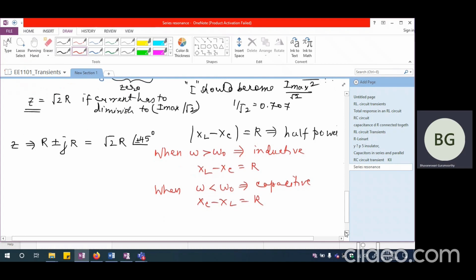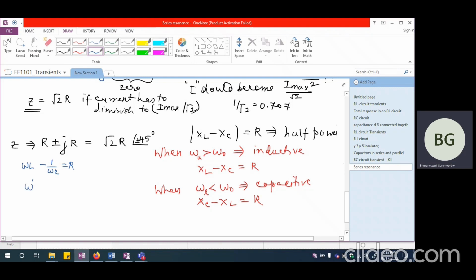Let us try to solve for both these frequencies. If I call this the upper frequency, and this the lower frequency, let us solve for both. So I should say omega L minus 1 by omega C equal to R, from which I should be able to write omega square LC.